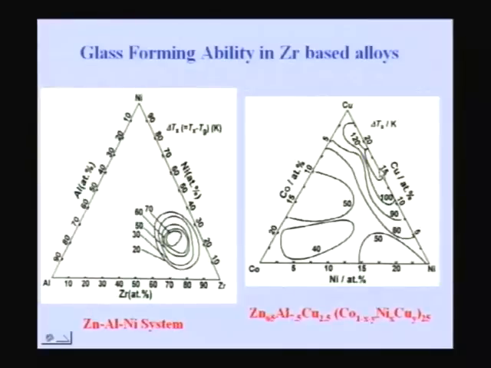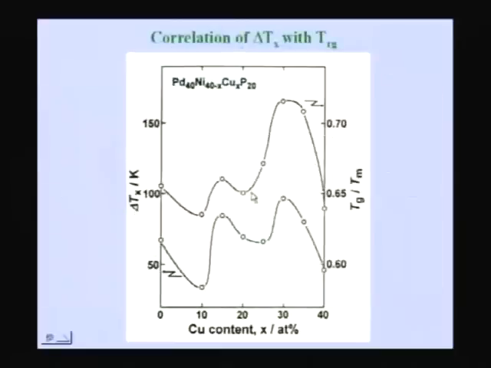So one can say that this 6 component system is a better glass former, and at the same time the maximum thickness for glass formation would be much higher in this case when compared to this. So this is one possible way of finding out whether you have easy glass formers or not.